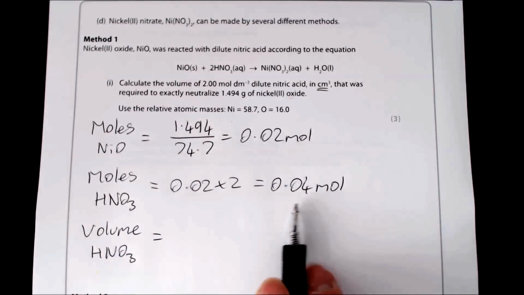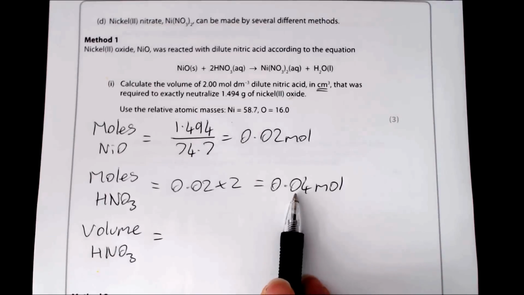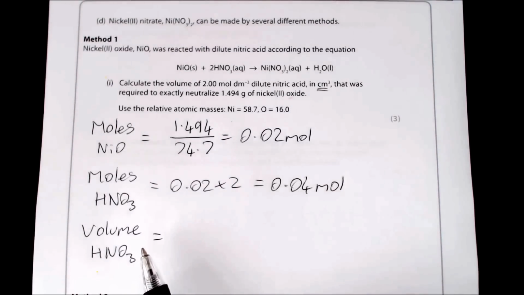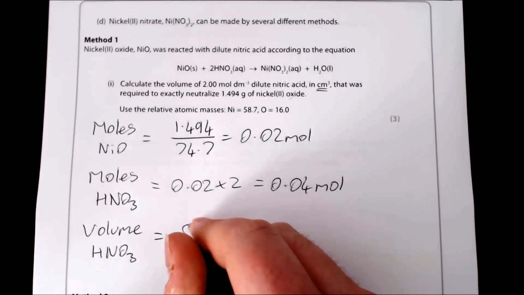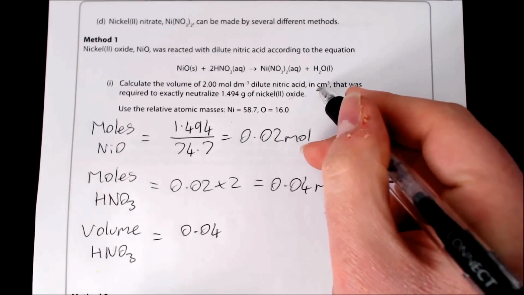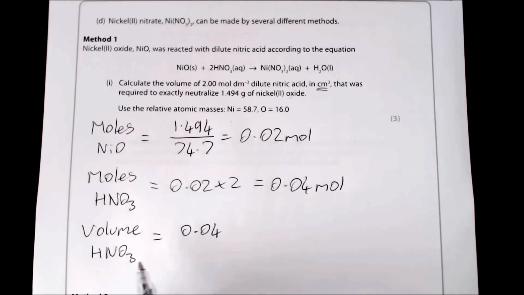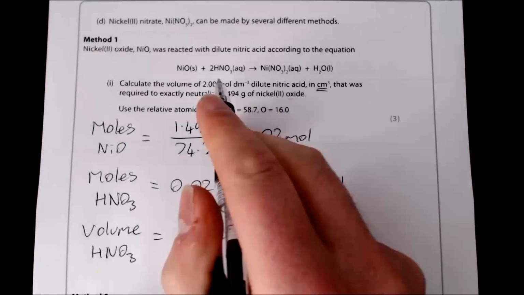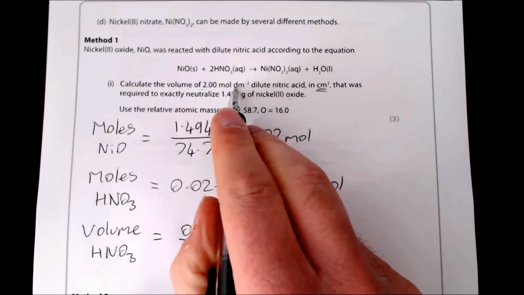Now the volume is calculated by taking the number of moles and dividing it by the concentration. So let's put this on here first. So 0.04, because we need to work it out in centimeters cubed as well. So to work out the volume is the number of moles divided by the concentration. The concentration is 2 moles per decimeters cubed.